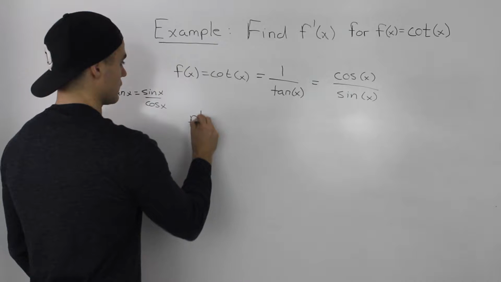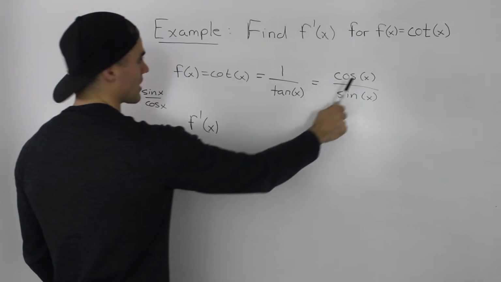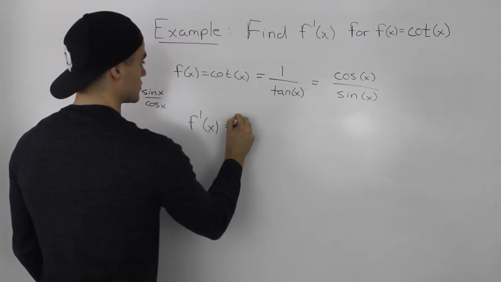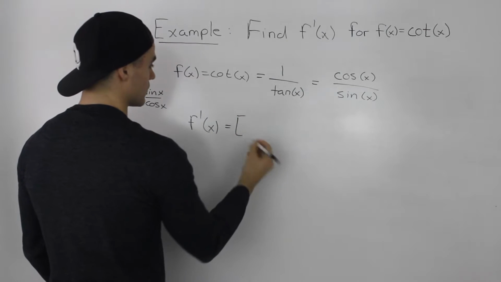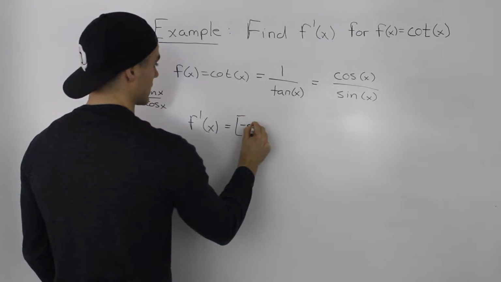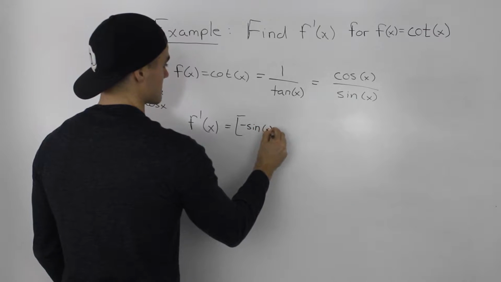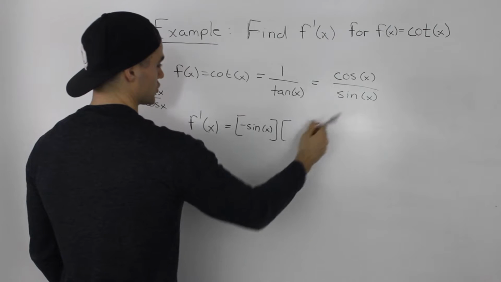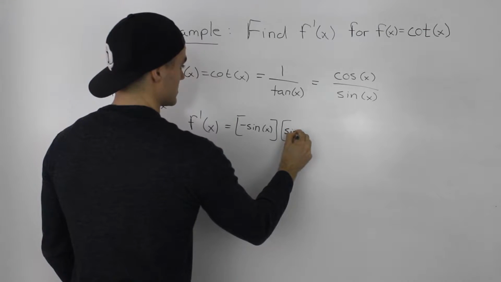So for the derivative, notice how we have to apply the quotient rule here. We would take the derivative of the numerator, so the derivative of cos x is negative sine x. Multiply it by the function in the denominator as is.